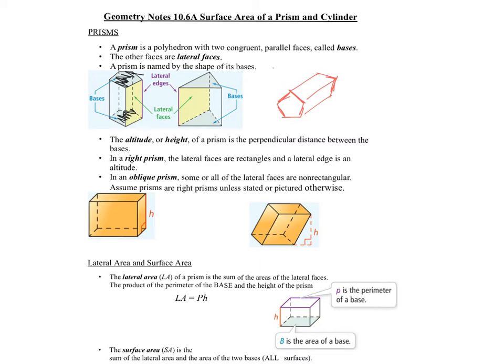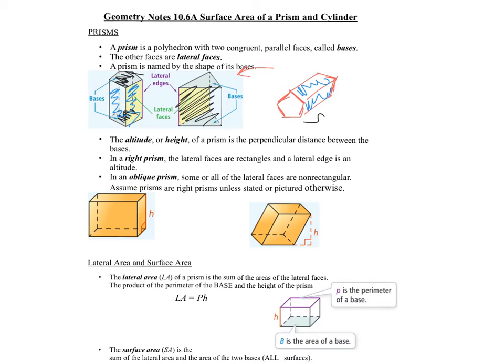This one right here would be a triangular prism. Now, lateral faces are the faces that connect those 2 parallel sides. So they would be, in this case, 5 vertical faces here. If it was laying down, it would be this face, and the other ones around there that we cannot see. The altitude or height of a prism is the distance between the bases.